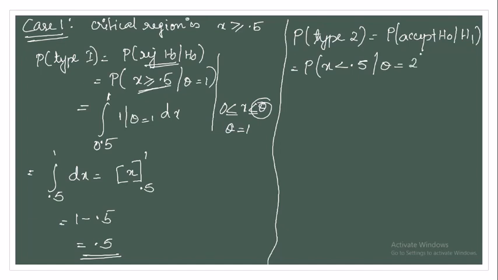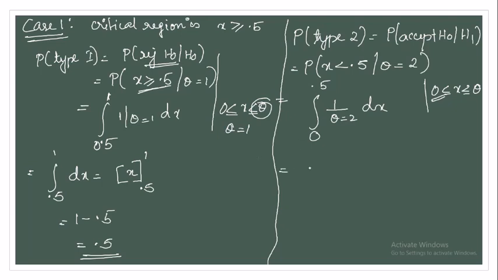That is equal to the integral of 1 by theta, where theta is equal to 2, dx. What about the limits? The maximum limit it could take is 0.5, and the lowest limit, what is it? We know that x takes the value 0 less than or equal to x less than or equal to theta, so the lowest value is 0.